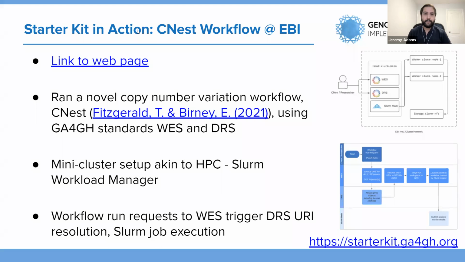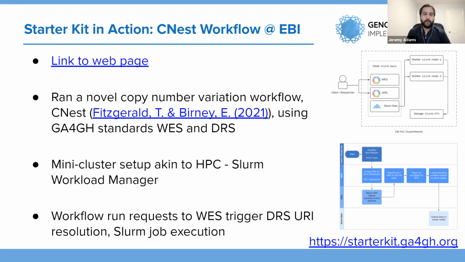So I mentioned earlier that we're looking to deploy the starter kit at different sites, especially to demo GA4GH standards working in non-cloud native contexts. Lately, our focus has been on running a novel workflow on the high performance compute cluster at the European Bioinformatics Institute, EBI. CNEST, which is the name of the workflow, is a novel copy number variation analysis developed by Tom Fitzgerald and Ewan Birney.